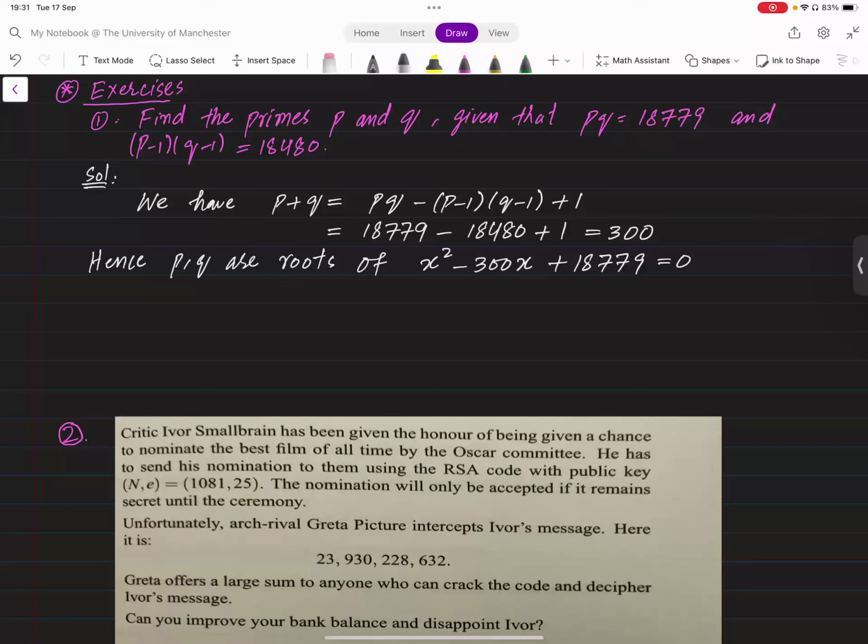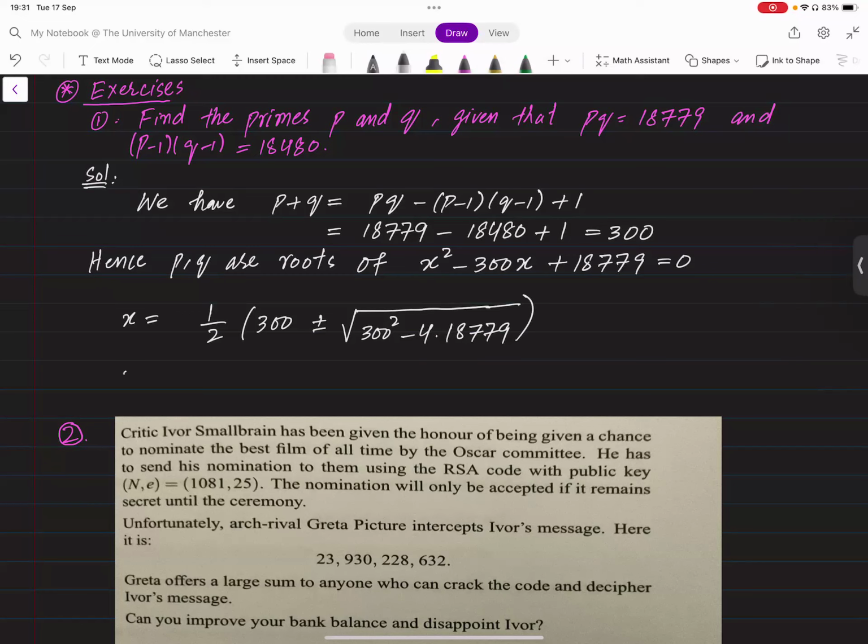And using the quadratic formula, the roots are x equals 1/2 of 300 plus minus the square root of 300 squared minus 4 times 18779.